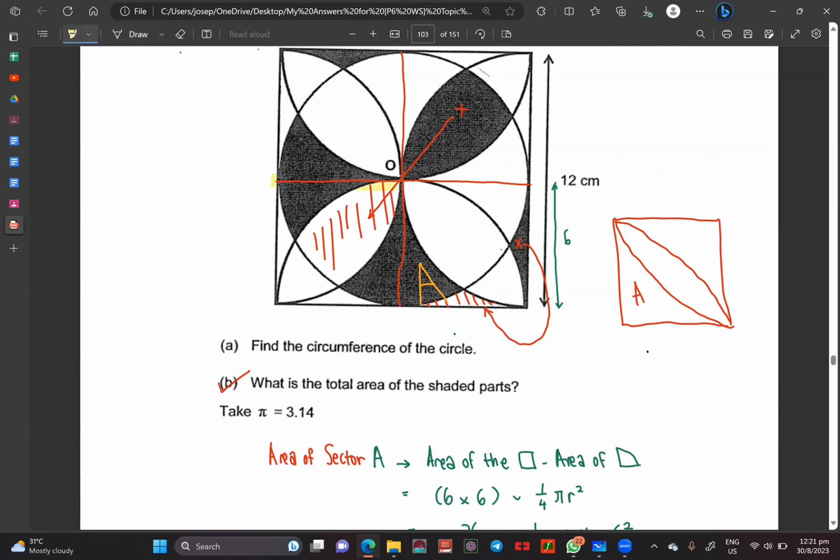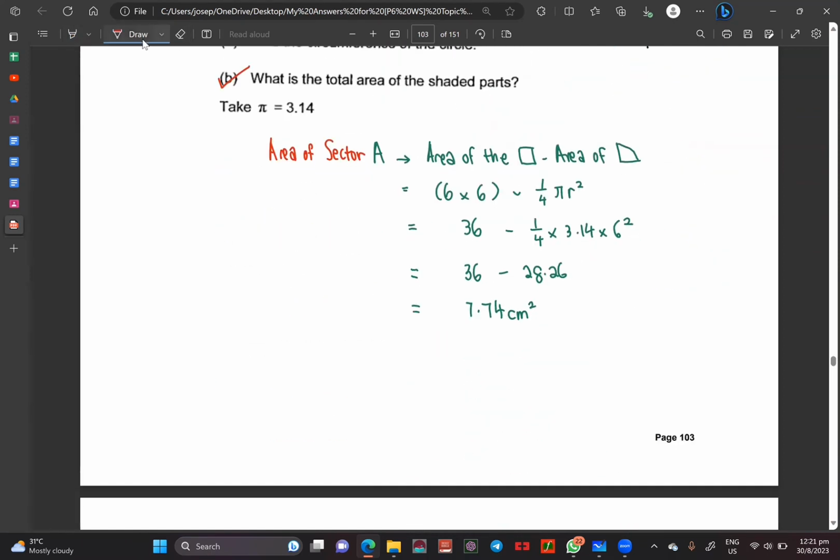If I may highlight it for you to see again. All right, can you see a quadrant? So if this is a quadrant, all we need to do is to find the area of the quadrant, isn't it? So we are just going to say area of quadrant. That becomes 1 over 4 pi r squared, 1 over 4 times 3.14 times radius.